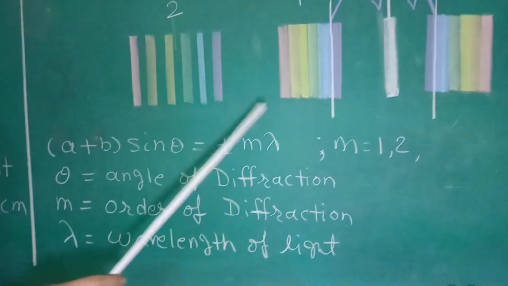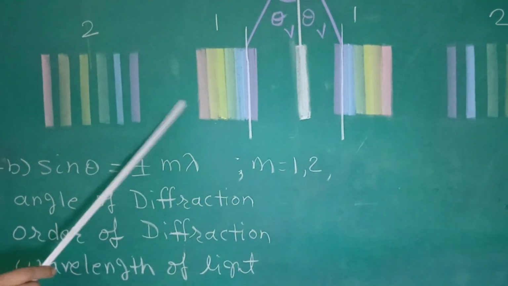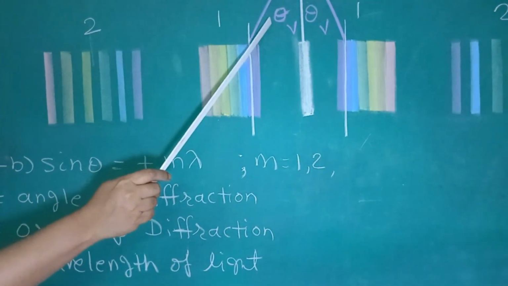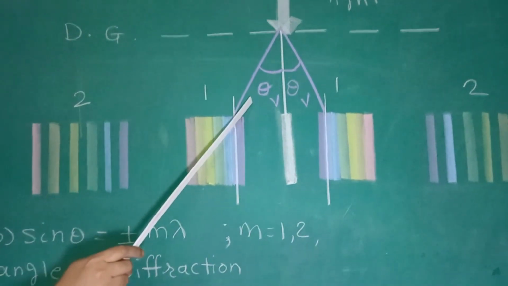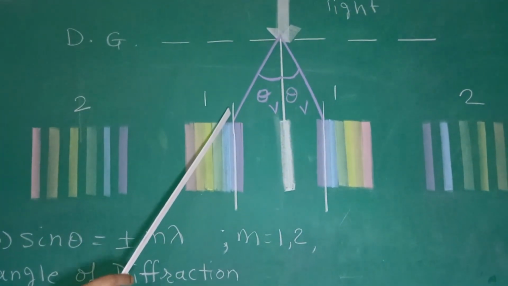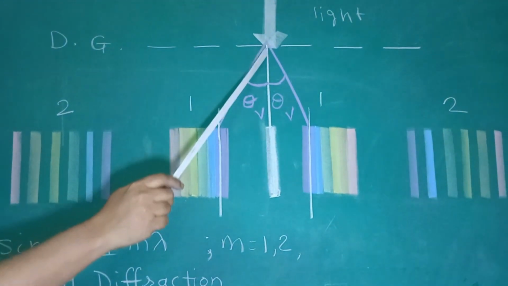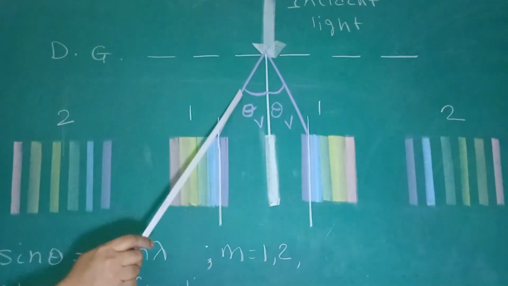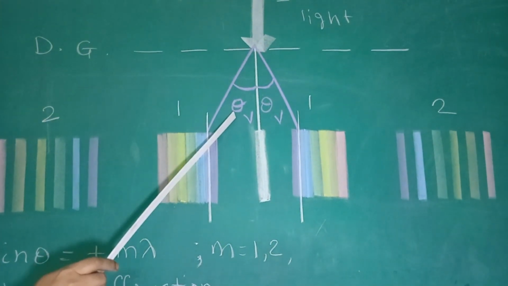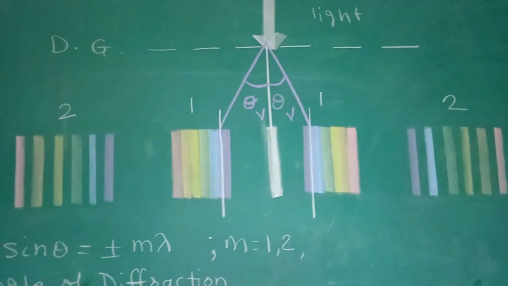It means that all colors will get separated from each other because every color will have a different angle of diffraction. Here, the angle of diffraction is nothing but the angle made by violet color with respect to the incident light direction. So this will be your theta V, and in the experiment we are going to measure this theta V with the help of an optical spectrometer.